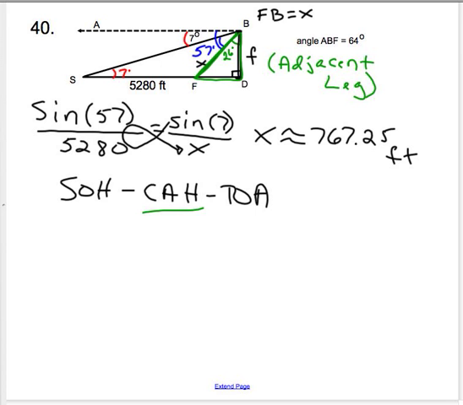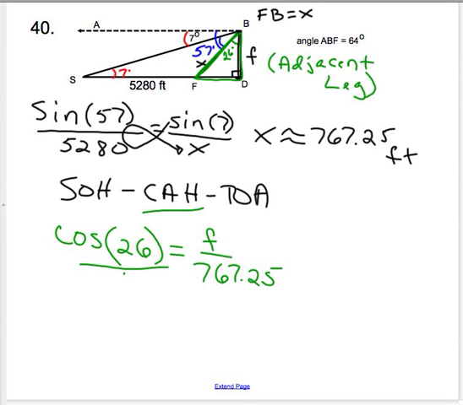I could use cosine. I could say the cosine of 26 is equal to the adjacent leg, which I'm calling f, over the hypotenuse, 767.25. I could solve for f.